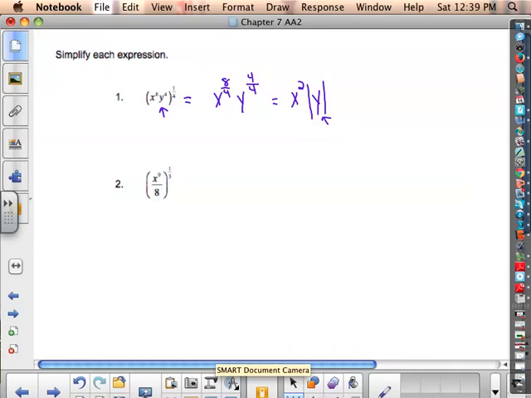Okay, number 2, x to the 9/3 over 8 to the 1/3. That's going to give you x to the 3rd over 2 to the 3rd to the 1/3. So x to the 3rd over 2 will be your answer for number 2.